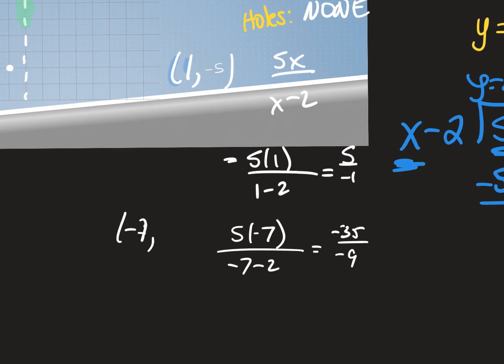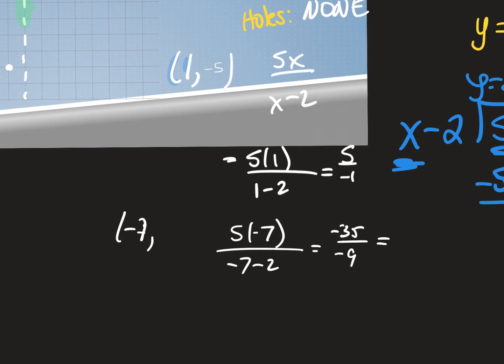Negative 9. What is that about? 9 goes into 35 about how many times? 3. What's 9 times 4? 36. So 3 and a bit. We could say 3-ish. You guys agree? Positive?